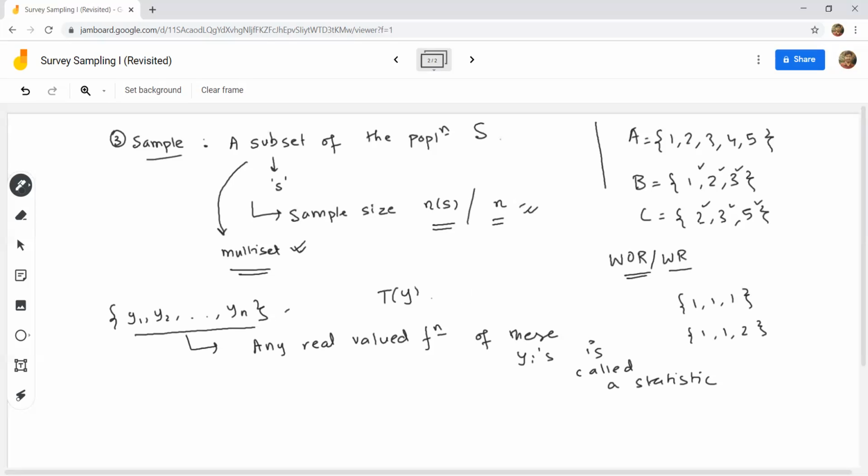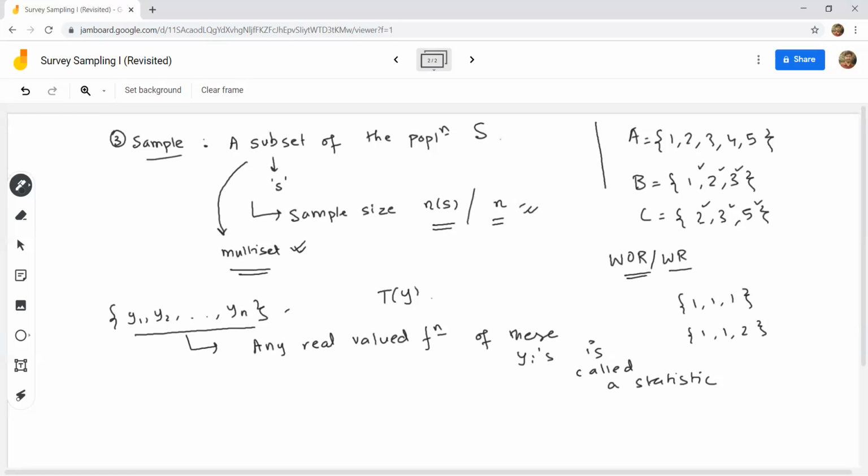We just defined a parameter, which was a real valued function of the population values, capital Y1 to capital YN. But since we don't have the entire population at hand, we are drawing a sample from the population. So the data at hand is your small y1 to yn. At most you can construct statistics out of these data points y1 to yn and infer about the population data.